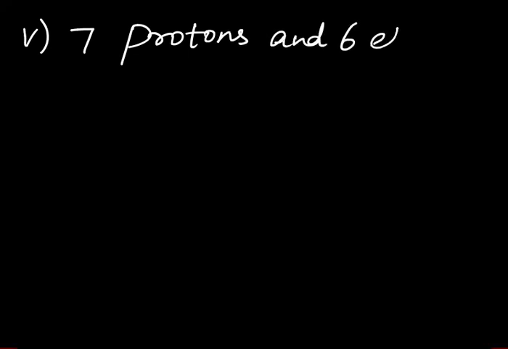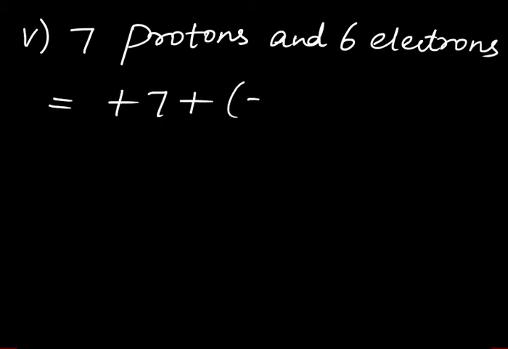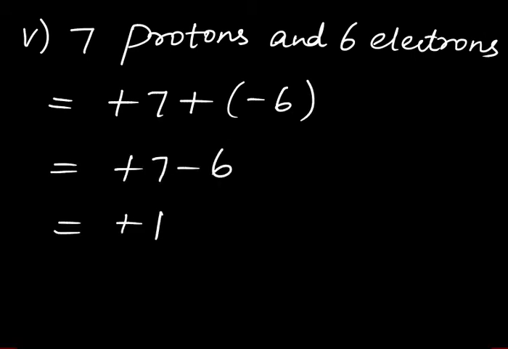Fifth question, 7 protons and 6 electrons. Protons are positively charged, so plus 7, and 6 electrons, minus 6. Remove the brackets, plus 7 minus 6. You'll get plus 1, which means 1 proton.